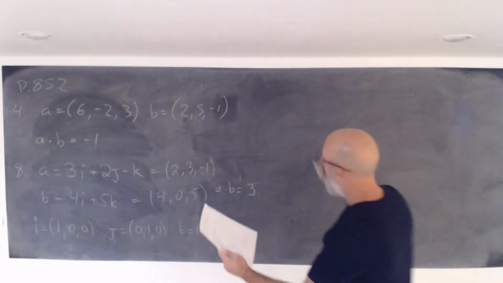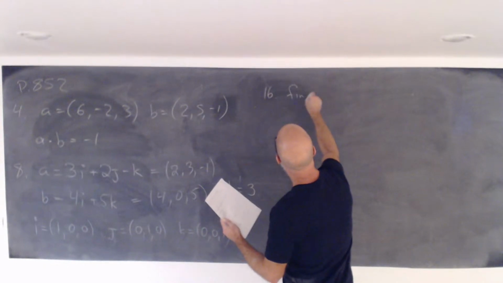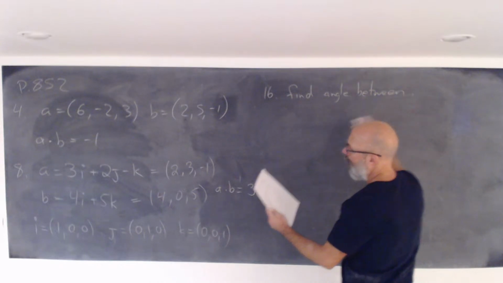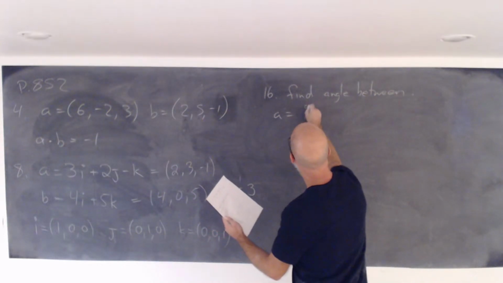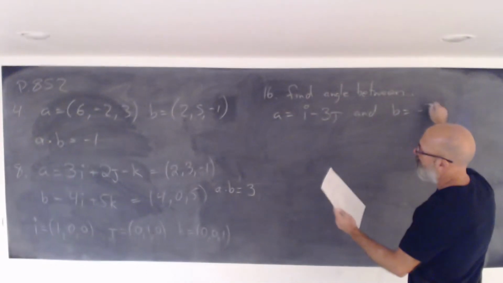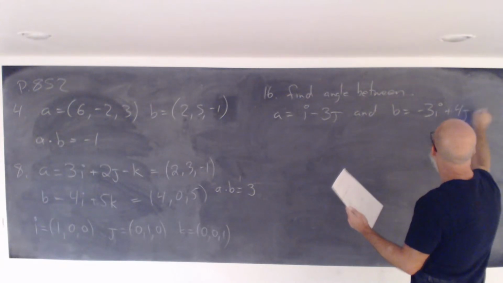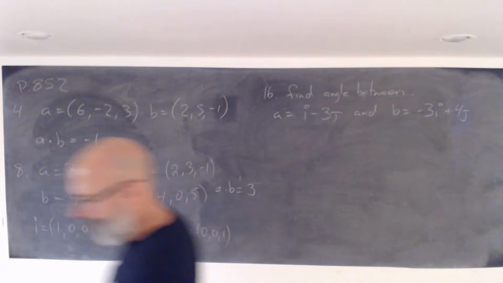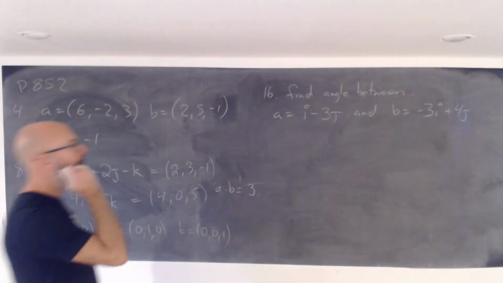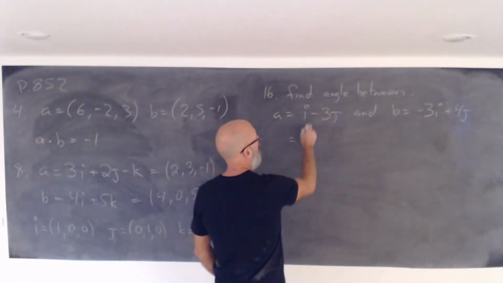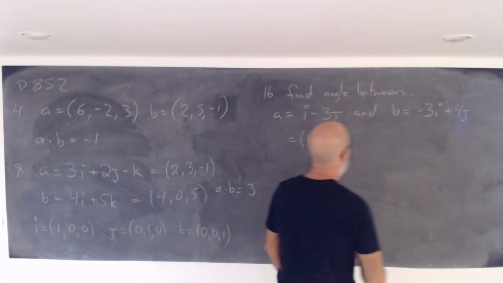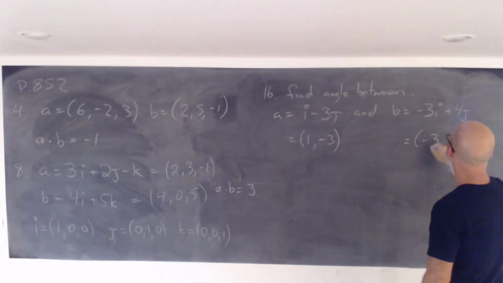It's all good? We are asked to find the angle between, right, this is 1 minus 3, and this is minus 3, 4.